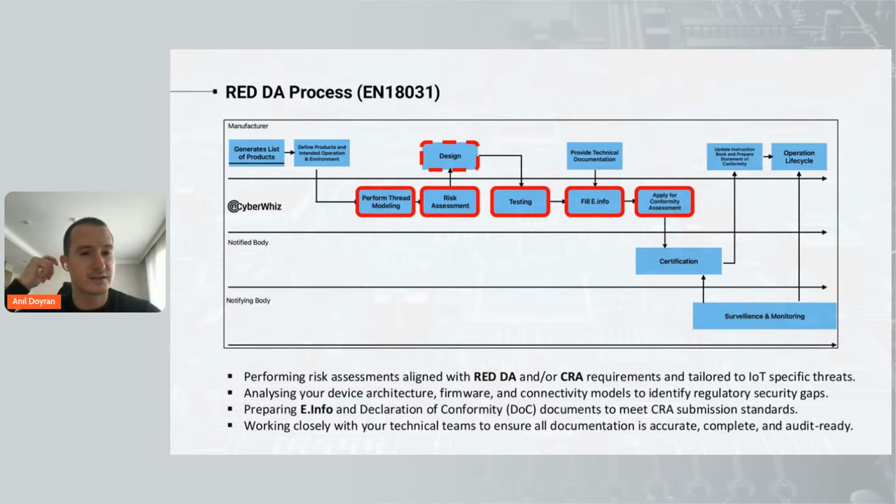After that, a risk assessment might be done, and this requires some design changes on the product. After that, penetration testing might be applied to see that each provision is satisfied. And finally, the e-info table, which is the most complicated one, where the device manufacturer must fill in how they satisfy each provision in the regulation. After that, they can continue with self-declaration or with a notified body.